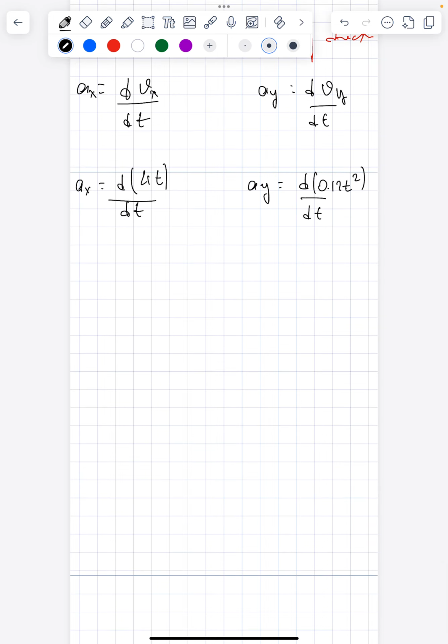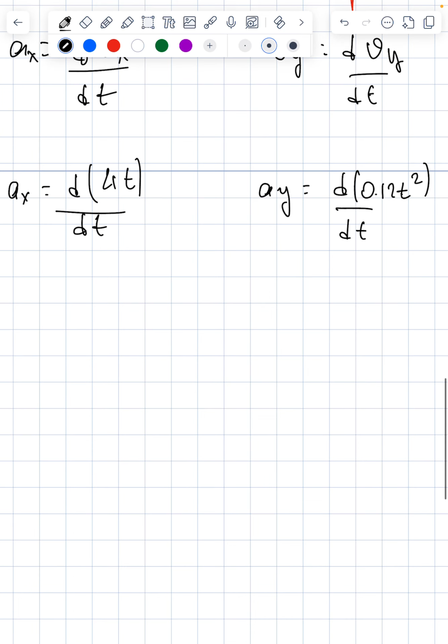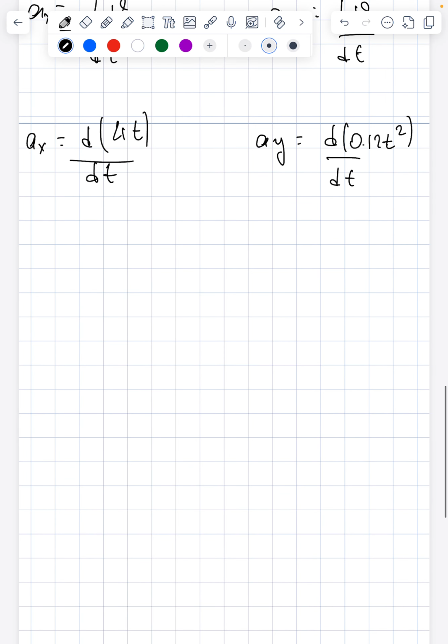So I take the derivative with respect to t. So ax is equal to 4, and ay is equal to 0.24t.